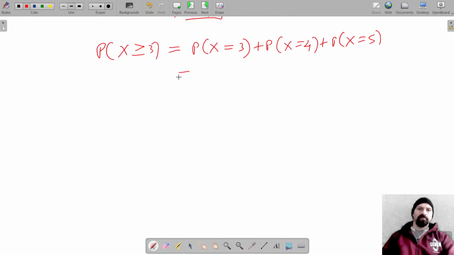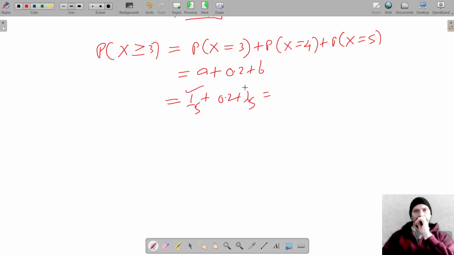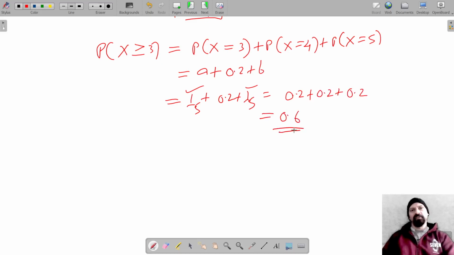So this is equal to a plus 0.2 plus b from the table. a is 1 by 5 and b is also 1 by 5. 1 by 5 is 0.2. So I can write it as 0.2 plus 0.2 plus 0.2, which gives me 0.6. So this is the probability for x greater than or equal to 3.